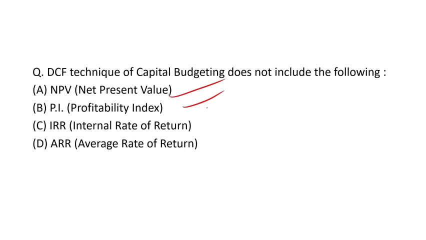The PI method is also discounted; the present value factor is used in this case. In the case of internal rate of return, the present value factor is also utilized. But the ARR method is a traditional technique, and it does not consider the time value of money, so DCF is not used in it. So option D, ARR average rate of return, will be the right answer.